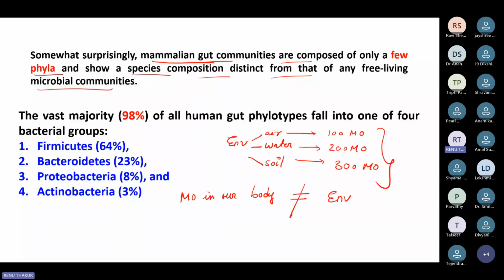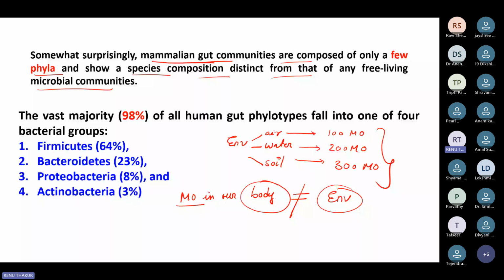It is totally dissimilar from whatever strains we have in the environment. Why is this? Because microorganisms are coexisting in the living body, while in the environment all these things are abiotic factors. So accordingly microorganisms are different. But when we talk about the human body, which is a biotic factor, the microorganisms will be different.